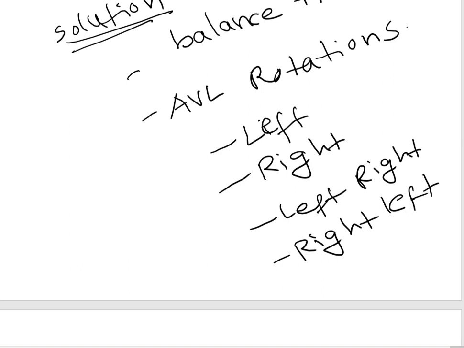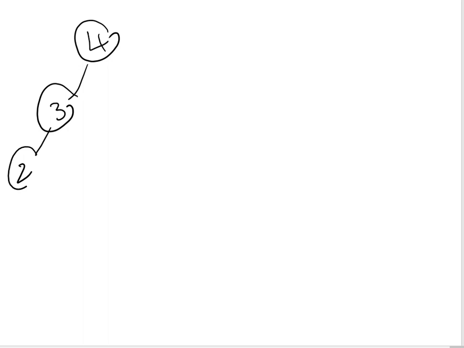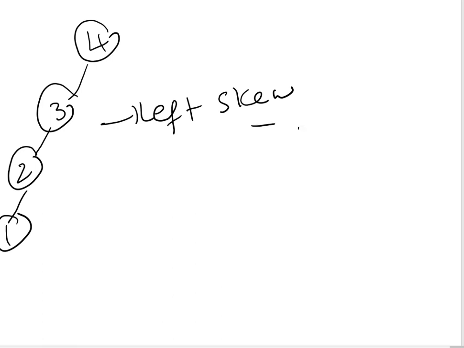So we have seen the solutions to the problem. Now let me draw the problem. 4, 3, 2, 1. This is the left skew, a problem. Now what will be a solution for this?